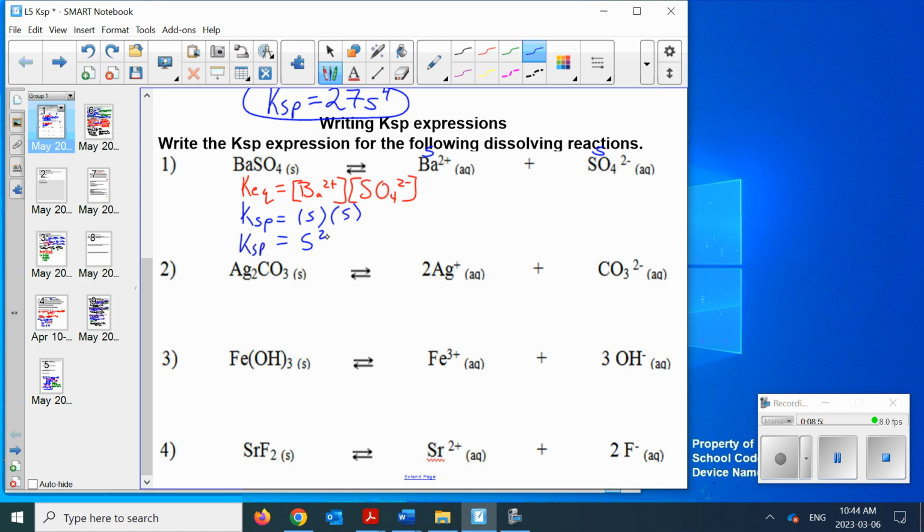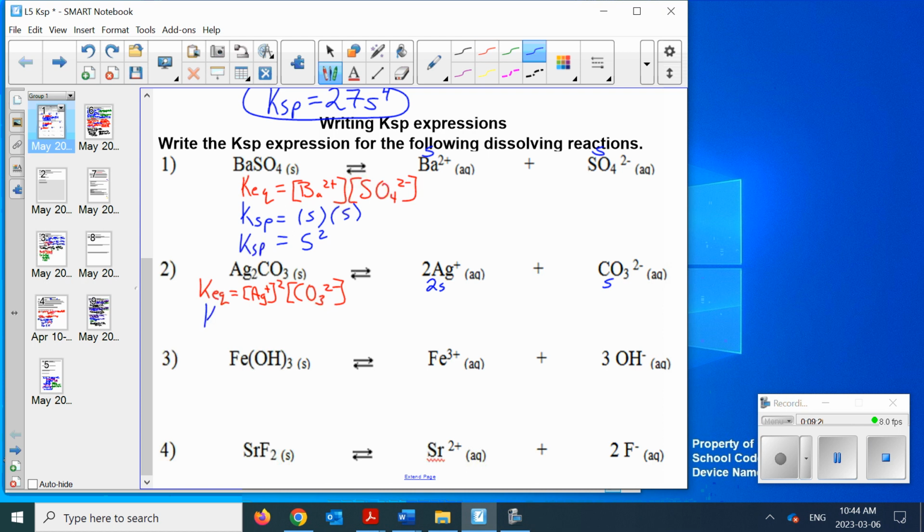The second one, there's one group of silver carbonate that breaks up. You get 2S and 1S. I'm going to go through a few first. Ag plus squared, CO3 2 minus.